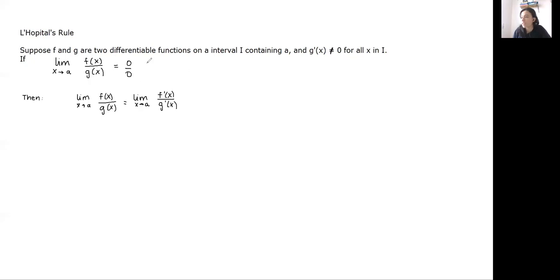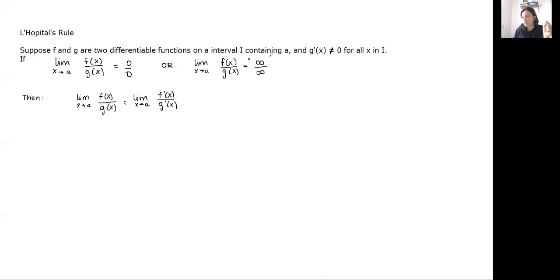All right, so this is what we did last time. There's one little difference that we're going to consider today. One thing that we're going to add is the fact that this rule can be applied if the limit is of the form 0 over 0, or this can also be applied when the limit, when x goes to A, of f of x over g of x gives me an indeterminate form, which is infinity over infinity.